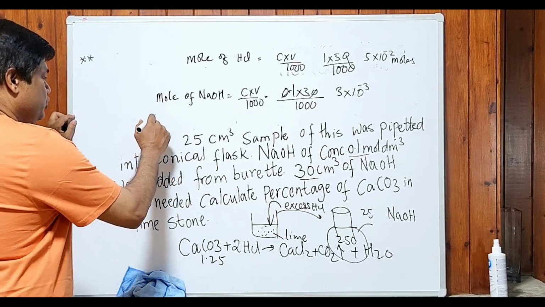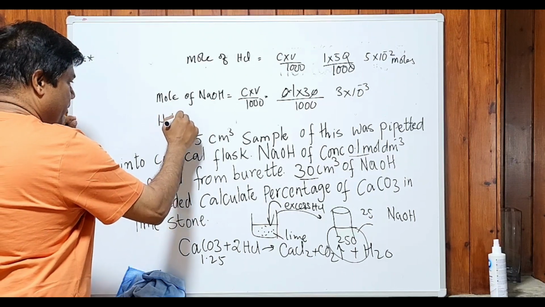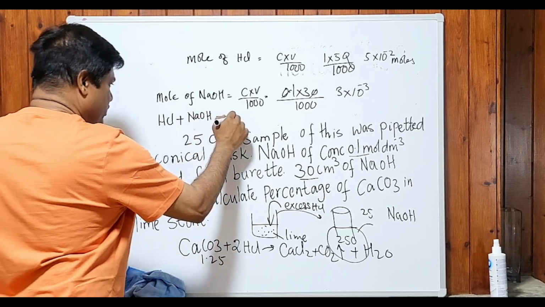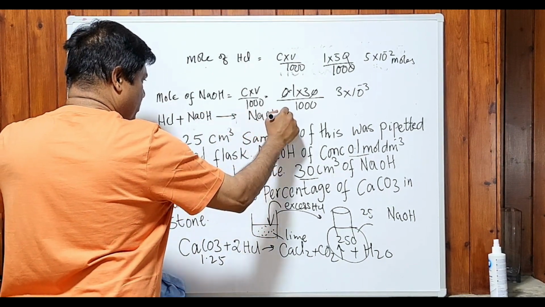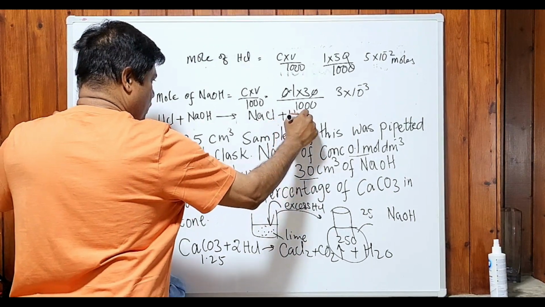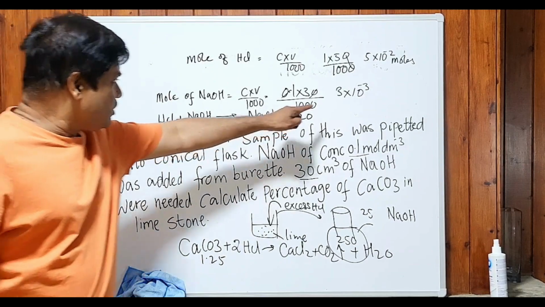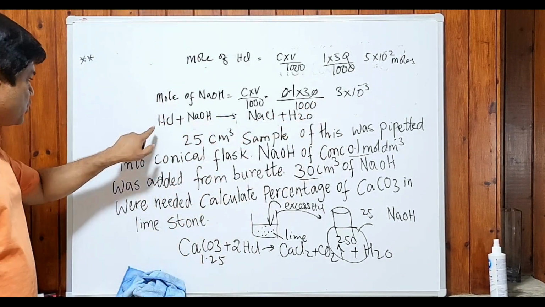So the number of moles of HCl which is left out. HCl plus NaOH, a simple acid-base reaction, will give salt plus water, NaCl plus H2O. Now, this is the mole of NaOH. Look at the molar ratio, 1:1.